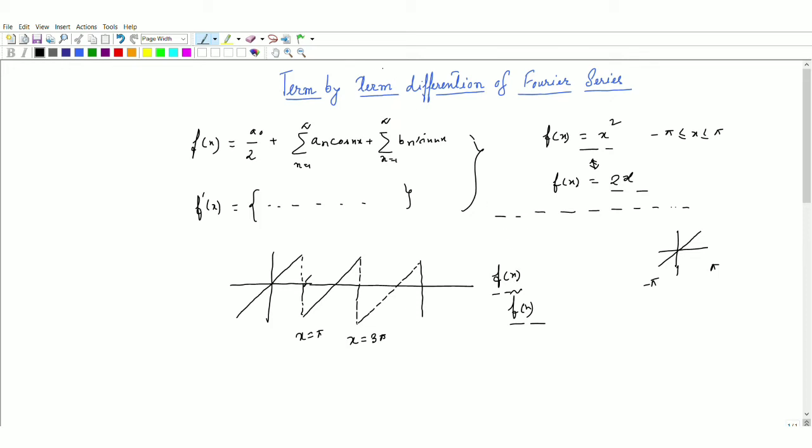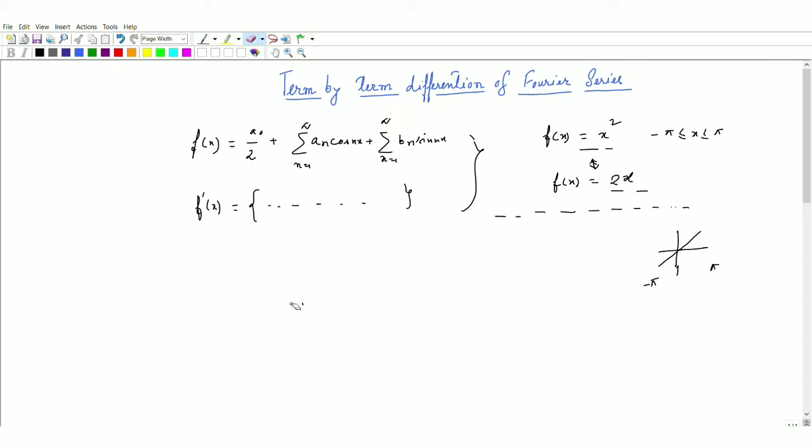Okay, so if you take another example, suppose f(x) is equal to x square on minus pi to pi, if you draw the function from minus pi to pi, and after periodic extension it will be looking like this. If you see, after periodic extension also there is no discontinuity. So the function after periodic extension is a continuous function.